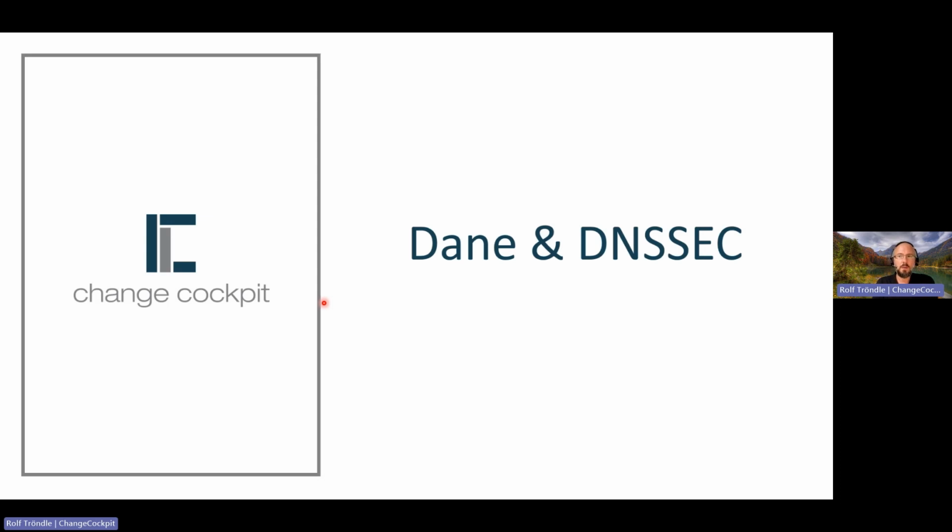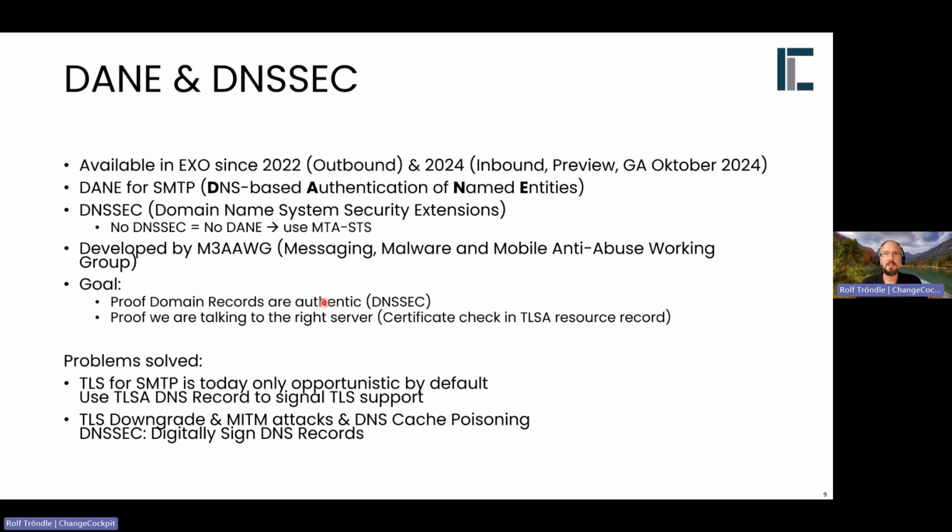So, first topic of today, DANE and DNSSEC. What is it about? First of all, DANE is available in Exchange Online since 2022 for outbound email, meaning if you send your emails to external systems or external recipients. They could also be hosted in Exchange Online.